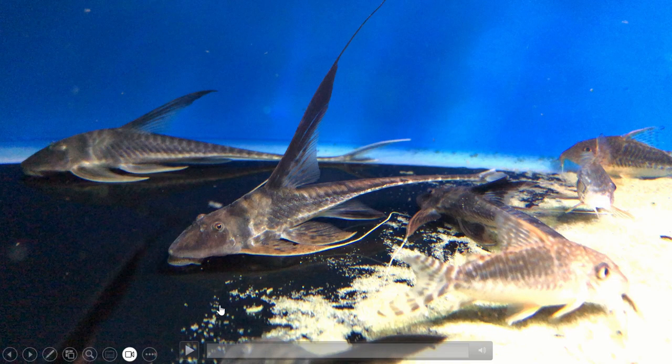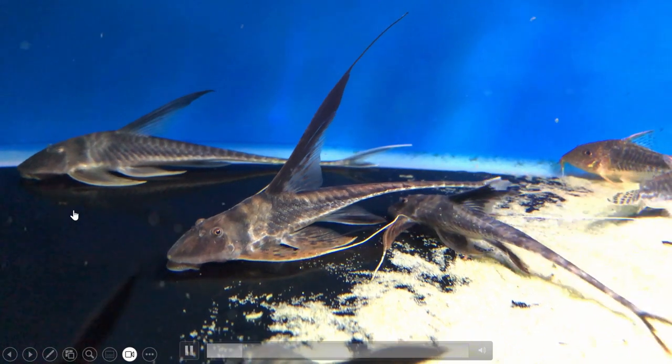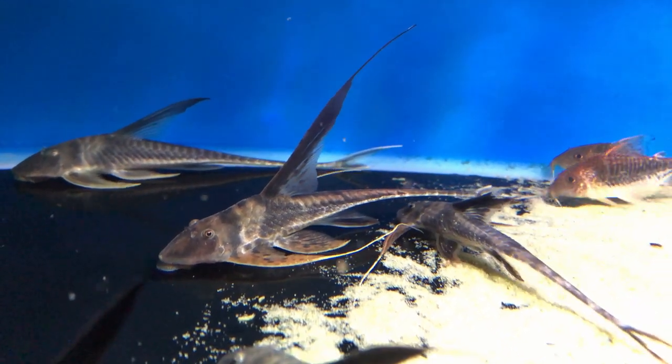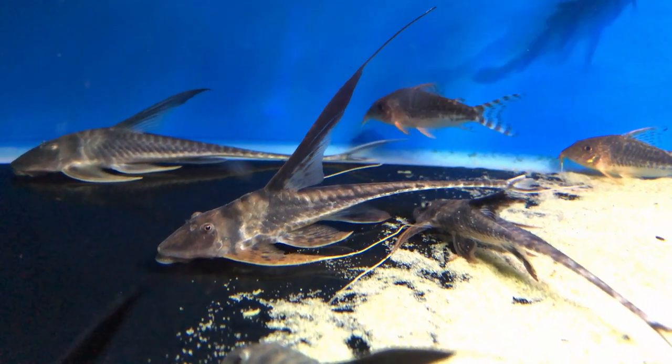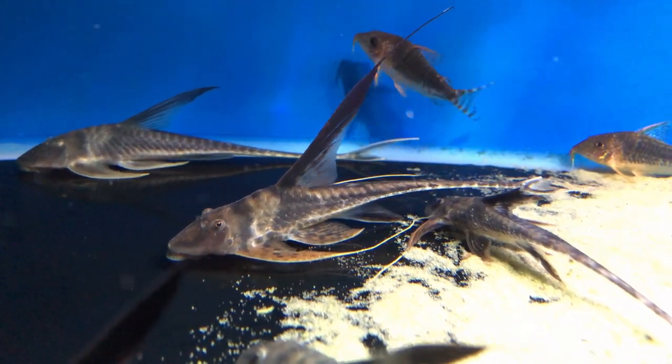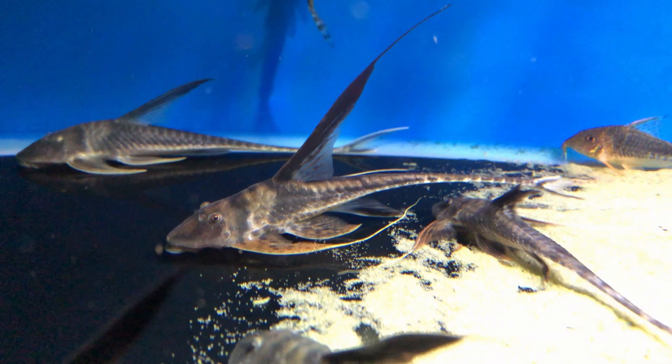So here we have the lovely Lamontichthys filamentosus, and you can actually see Lamontichthys lunaro behind, and you can see the kind of morphological differences between them, and there's actually another filamentosus there. These are obviously elongate. These are the ones that rasp on surfaces like normal Loricariidae, you could almost say.